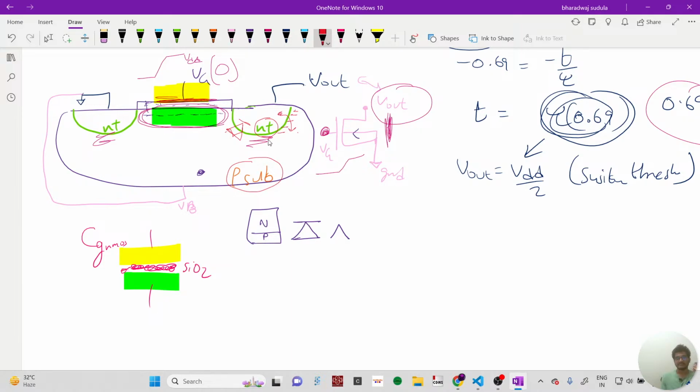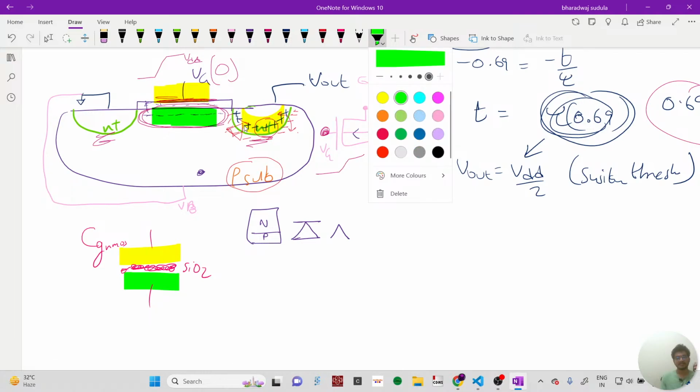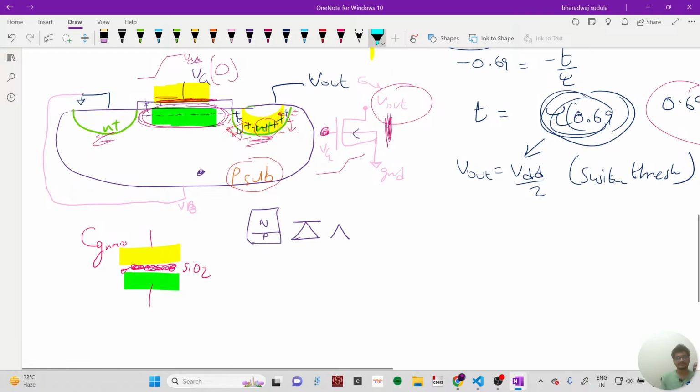Negative ions. And this will be positive. Thus, we have some capacitance here as well. This one, and let me use a different color. This one. So this is a different capacitance.